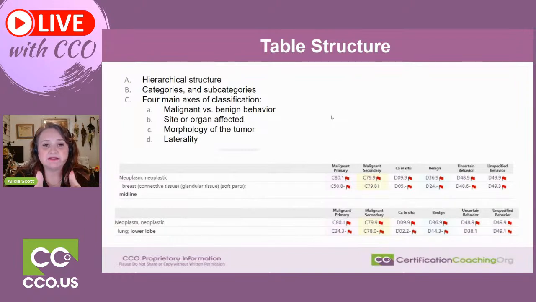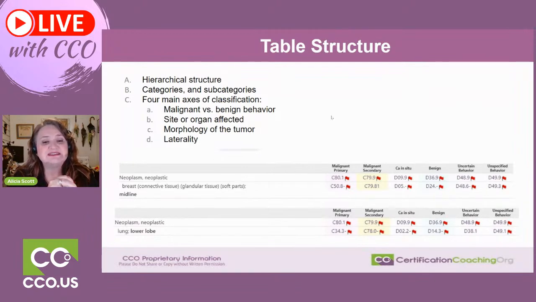I looked up malignant, so that's why that's in yellow. And when I did the copy of this, if it's a neoplasm and it's unspecified, we don't know anything about it, and we don't have location, that is C80.1. You can find that information in your guidelines for malignant primary. Midline, though, is C50.8 with additional characters.